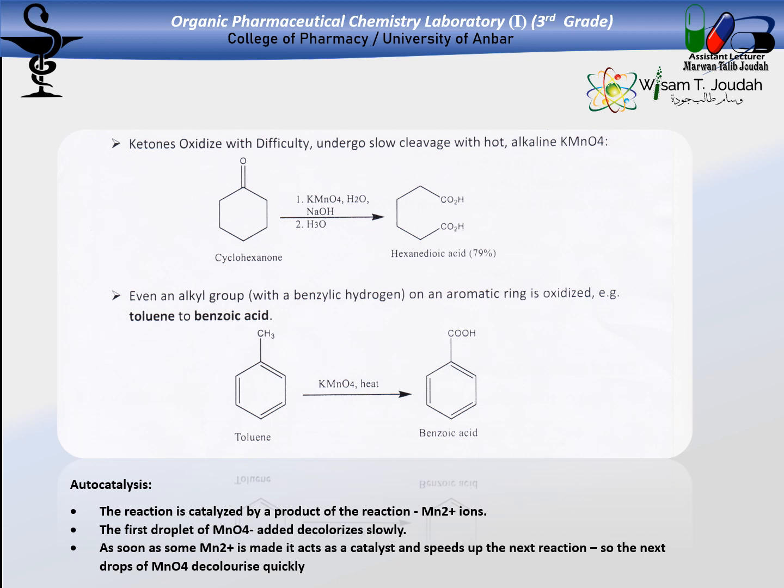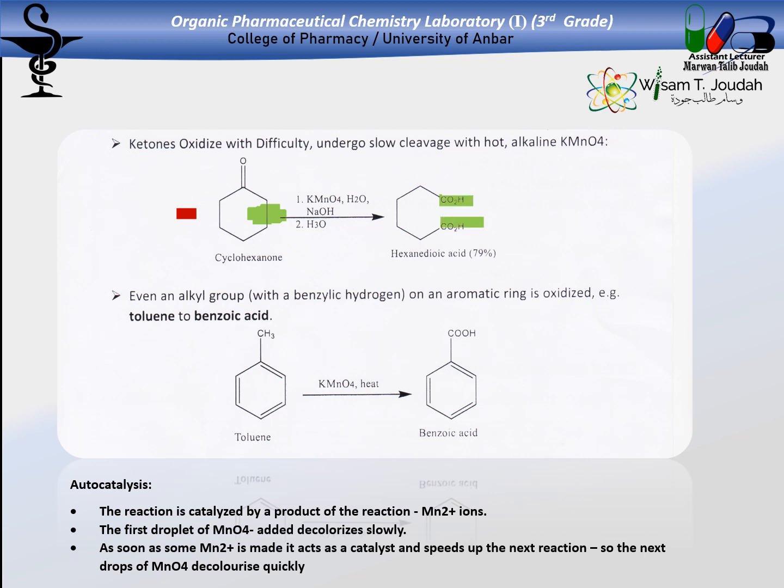I'm not requiring you to know the mechanism of the reactions, but what happens here is that this ring on the left side went through a cleavage, taking place from right here. So the ring opens, and we end up with a dicarboxylic acid.